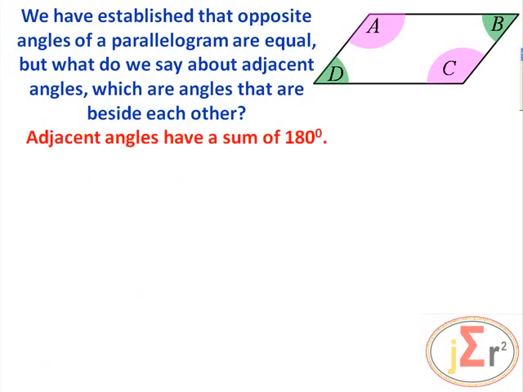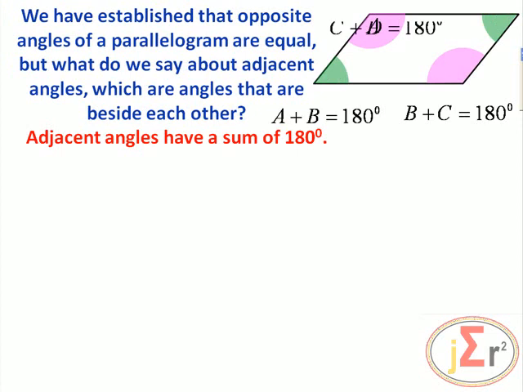Adjacent angles have a sum of 180 degrees. Notice that A and B are adjacent. When we add them, the result is 180 degrees. B and C are adjacent, so their sum is 180 degrees.